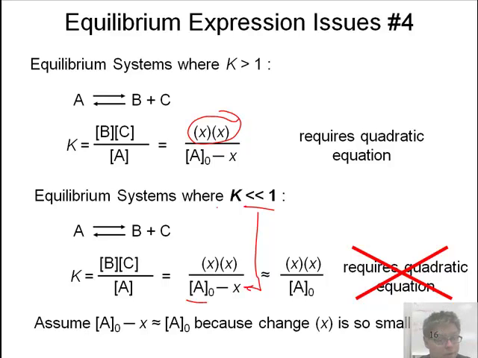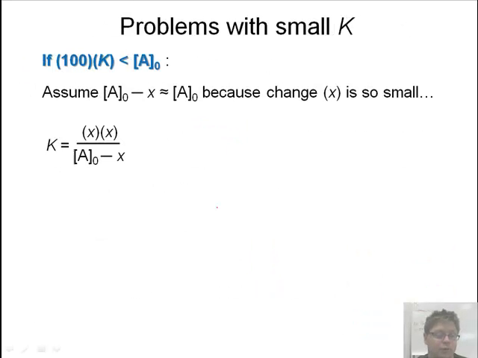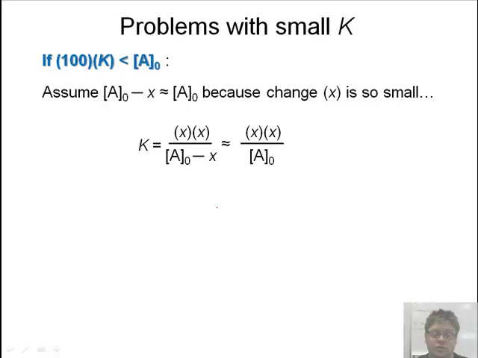So it does not require the quadratic equation if you can make this assumption where K is much, much less than 1. For problems with small K, you can assume the initial concentration minus x is equal to the initial concentration because the change x is so small.